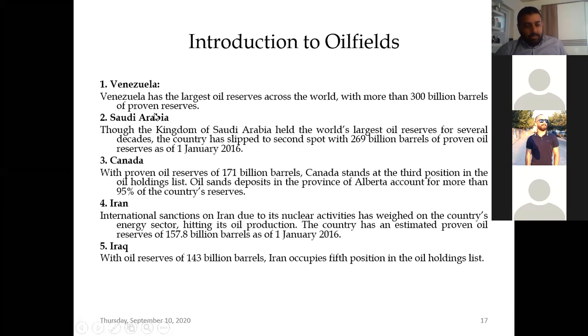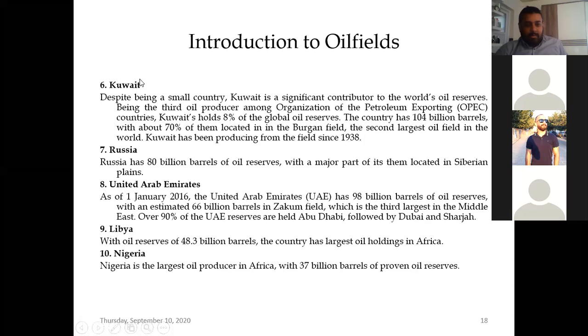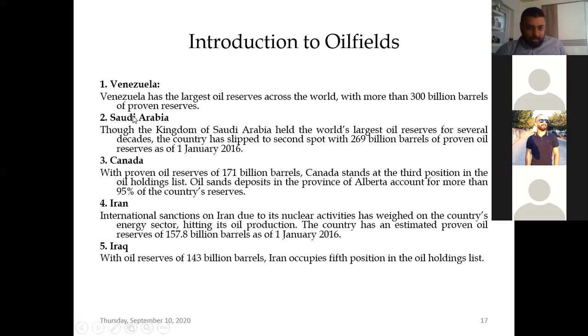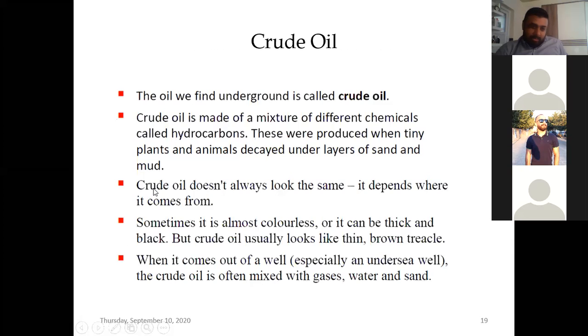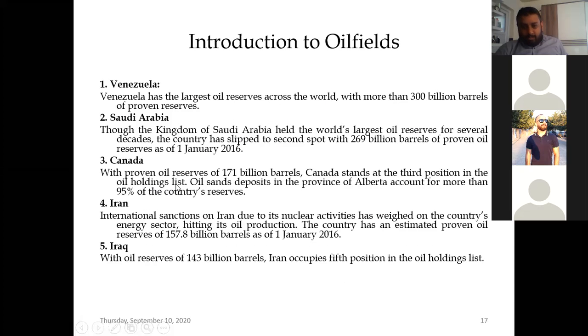But anyway, among the top 10 oil producers, Venezuela is listed first. Saudi Arabia, Canada, Iran, Iraq, Kuwait, they have a lot of oil. Russia, UAE, Libya, Nigeria. There's no US? Okay, the US is at the top right now. They are producing almost 11 million barrels a day, which is higher than Saudi Arabia. So right now the US is the top, and the second is Saudi Arabia as of today.